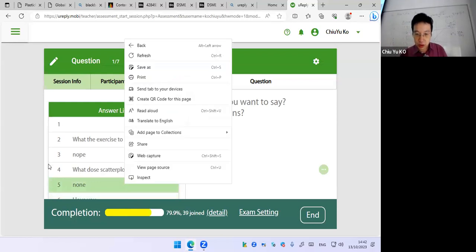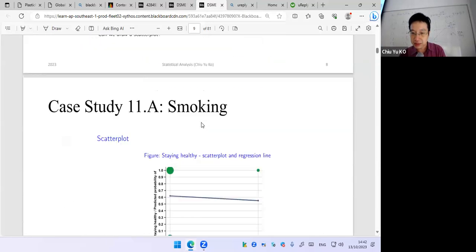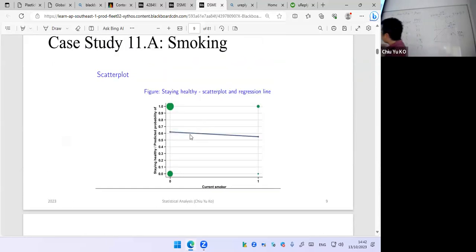What do those scatter plots on page 9 mean? I suppose page 9 means this one, right? Look at the data you have: it is all binary. For each observation, each subject, you have whether he is smoking or not, 0 or 1, and whether they are healthy or not, also 0 or 1.